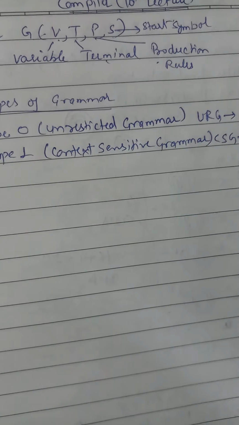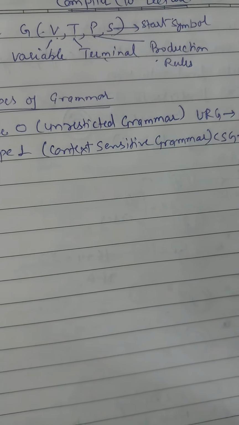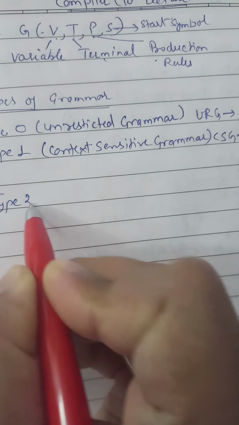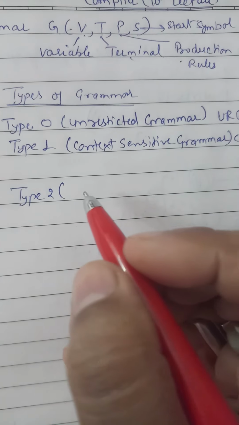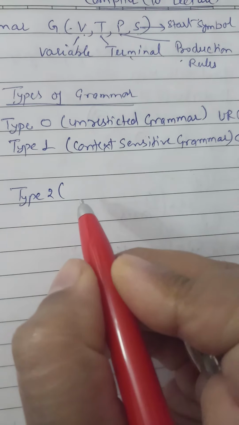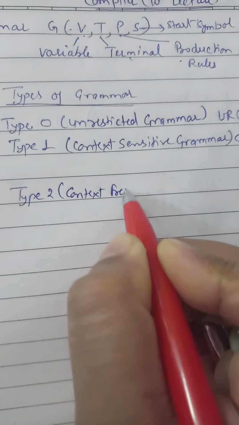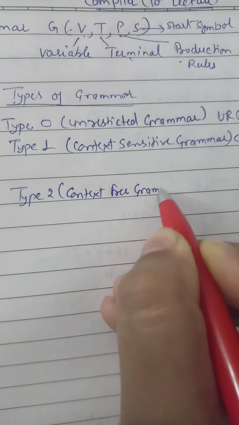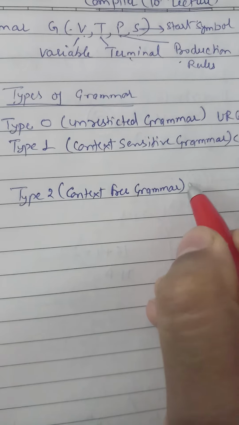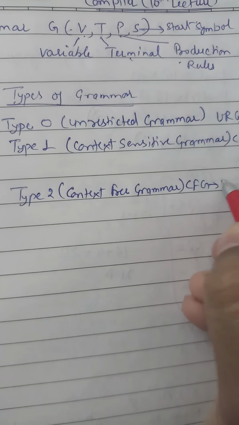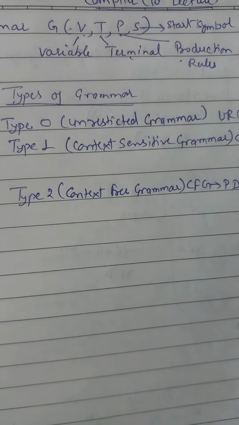Next, type 2. Type 2 grammar, context free grammar, CFG, in which PDA comes, pushdown automata.